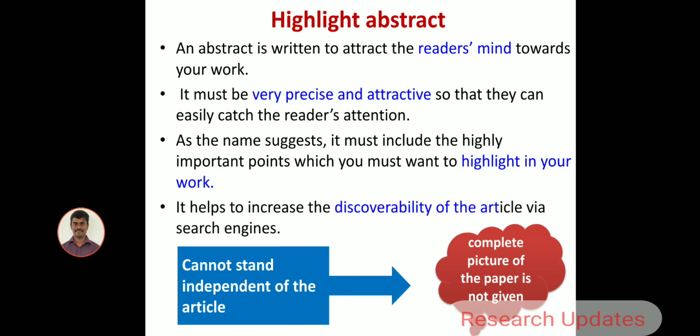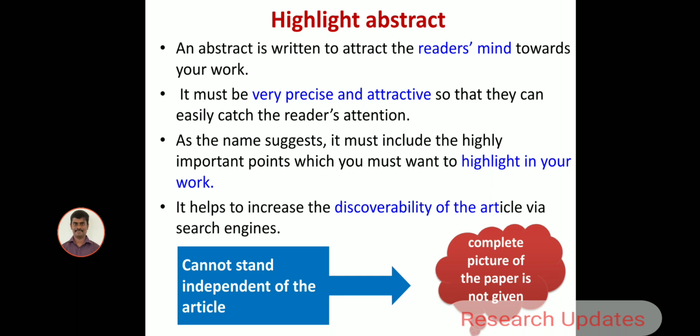Always remember, it helps to increase the discoverability of the article via search engines. So whenever a researcher wants to work on a particular topic or a particular field, when they search with keywords, this highlight abstract of yours will be highlighted because you have added all the important points in a precise and attractive manner.